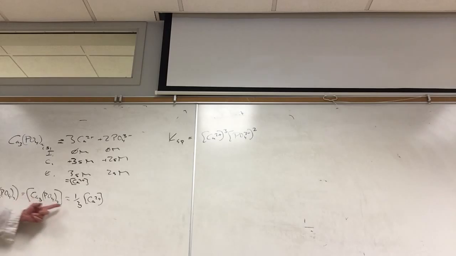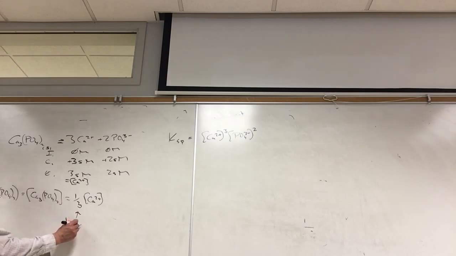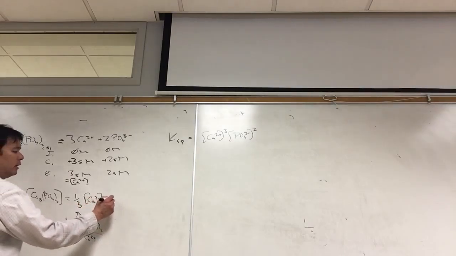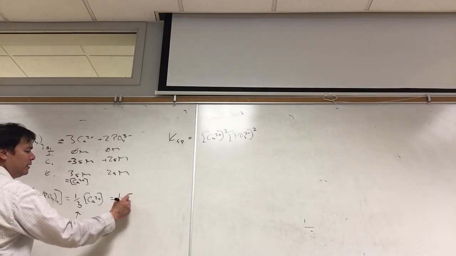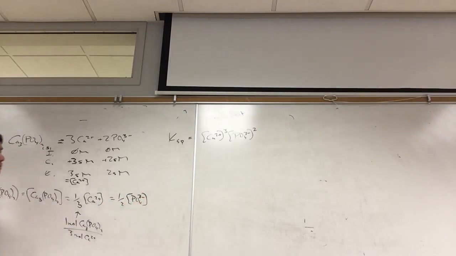Or the solubility is 1/3 the calcium ion concentration. The 1/3 factor comes from this, 1 mole of calcium phosphate for every 3 moles of calcium. And so that would just convert it back into calcium phosphate here. And it would be 1/2 the concentration of phosphate in equilibrium.